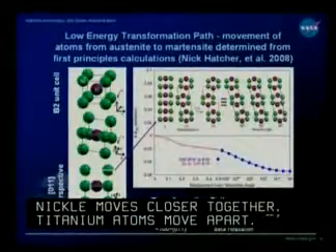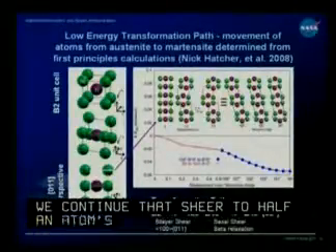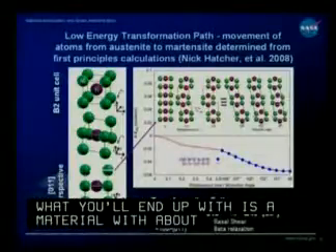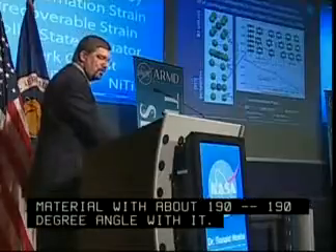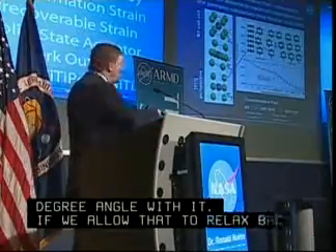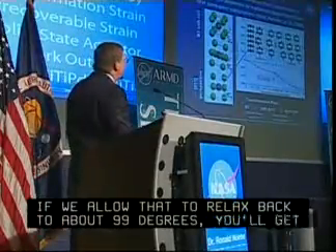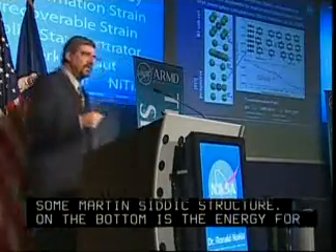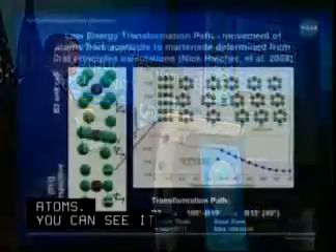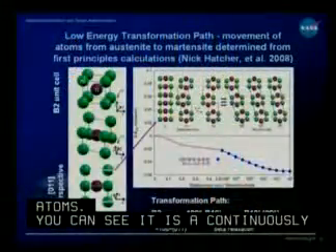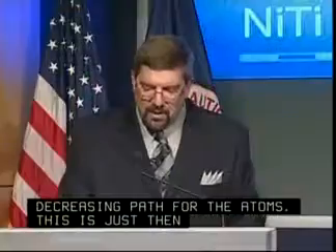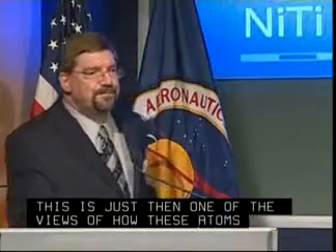What you'll end up with is a material with about 109 degree angle with it. Then if we allow that to relax back to about 99 degrees, you'll get the martensitic structure. On the bottom is the energy for that particular movement of atoms, and as you can see, it's a continuously decreasing barrierless path for the atoms, and this is just then one of the views of how these atoms actually move. Now if we could have the next slide.